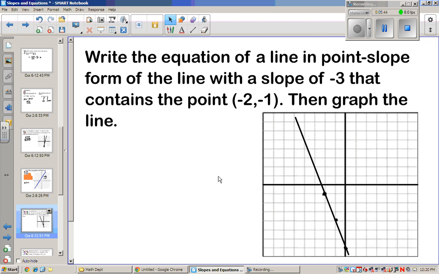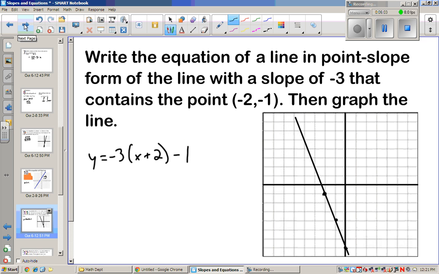Let's slide it over. There we go. Now to write the equation, it's going to be y equals our slope times x minus -2, which is x plus 2, and then minus 1. So we change the sign on the x, but we don't change the sign on the y if it's on that same side. So there's our equation.